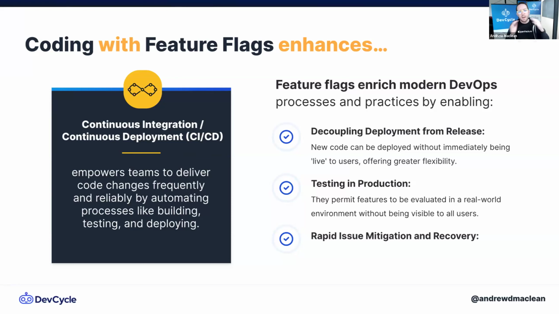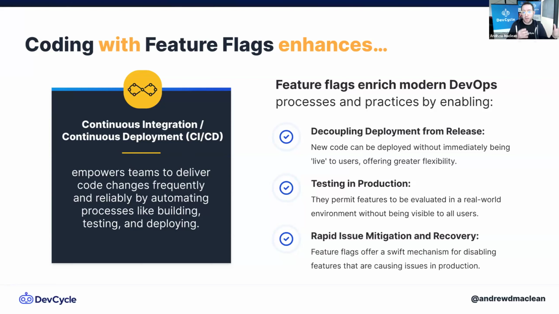And then another great thing that feature flags do is provide rapid issue mitigation and recovery. So they provide you with that swift mechanism for disabling features that are causing problems. There's no build process. There's no sort of worrying about making sure all the checks and balances are in place and potentially waiting 10, 15, 20 minutes for that deployment to go out.